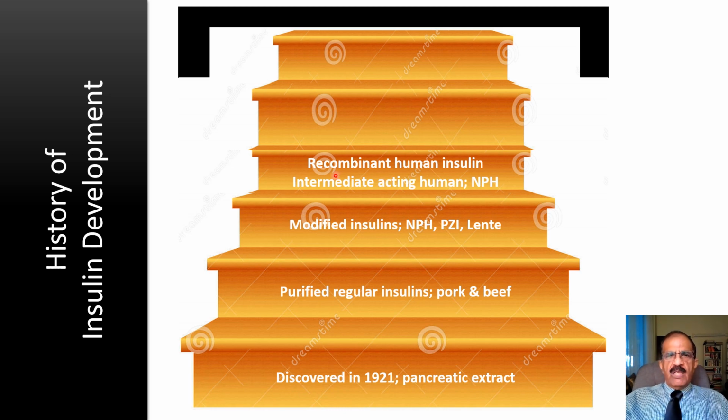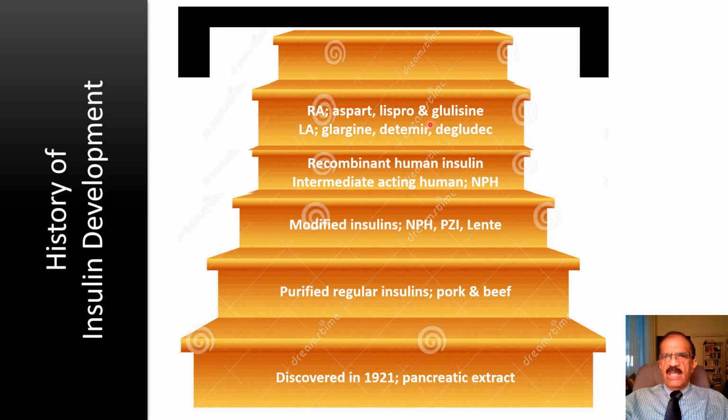When recombinant human insulin came, we thought that we had conquered type 2 diabetes, but then we realized that there are problems with the human insulins also. Then came the era of insulin analogues. These are rapid acting insulins. Rapid acting insulins mean aspart, lispro, glulisine.